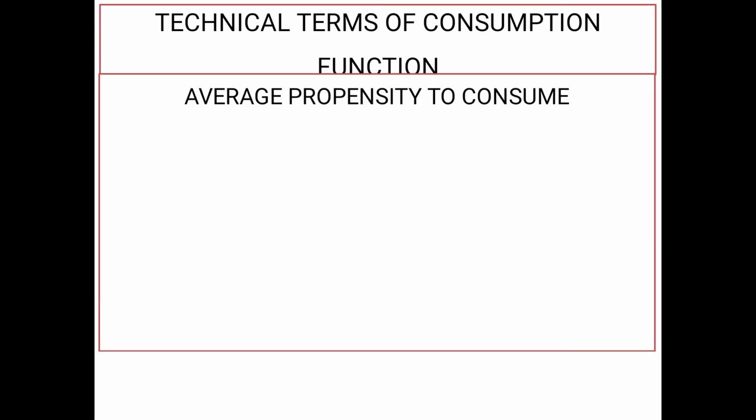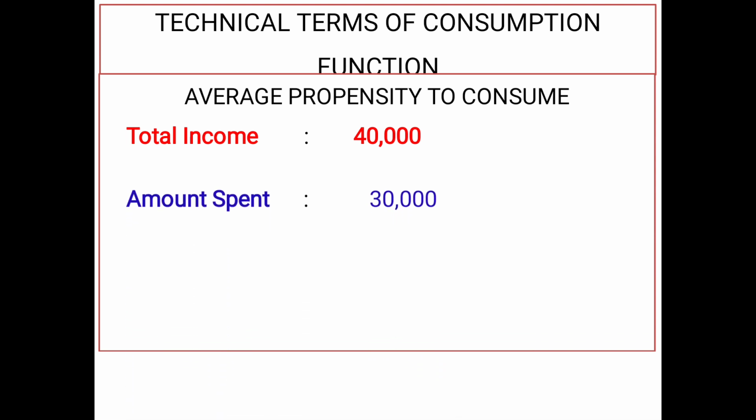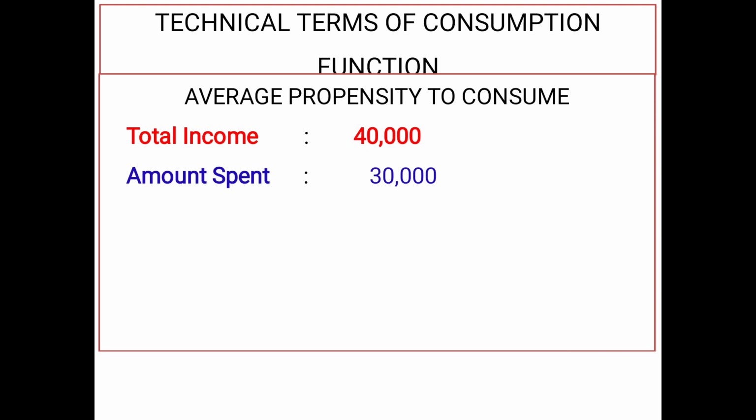So the first one is, we are going to see a small sum. It's a very easy one. The total income of a person is supposed to be 40,000. For example, my income is 40,000 rupees. The amount that I am spending is supposed to be 30,000 rupees. So you have a difference over here. 10,000 is supposed to be my saving.